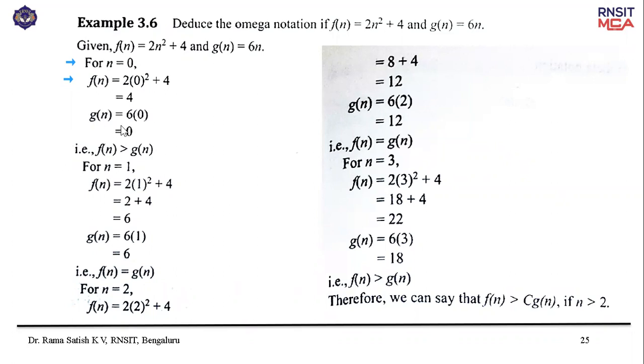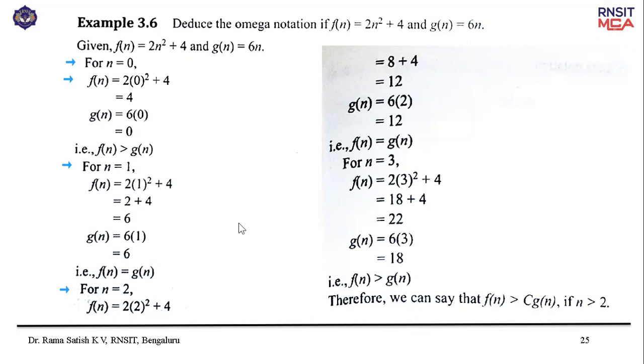But you are supposed to take the lower bound, where f of n is greater than g of n. So now you take n is equal to 1. In this case, 2 plus 4 is 6, and g of n is 6. Now it is equal, so f of n is equal to g of n. Now you take n is equal to 2. f of n is 12 and g of n is also 12.